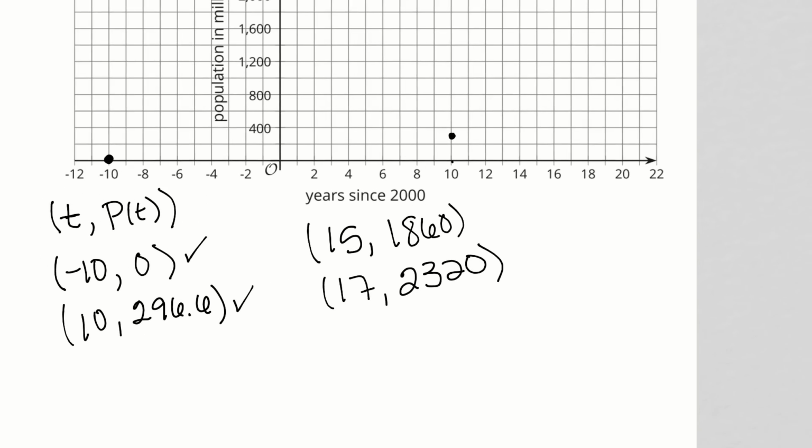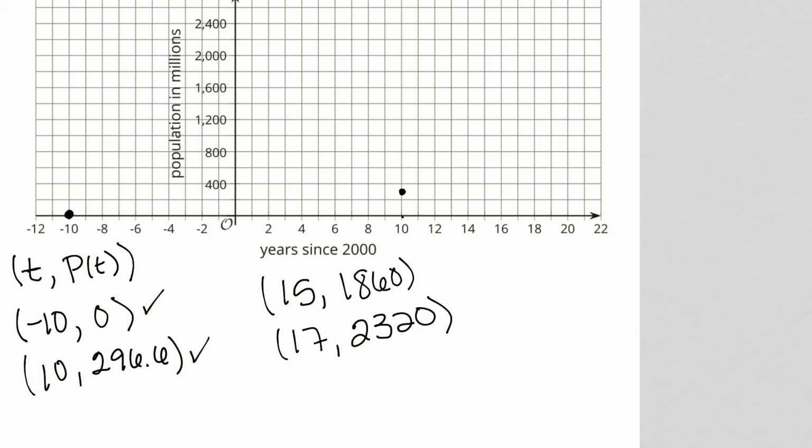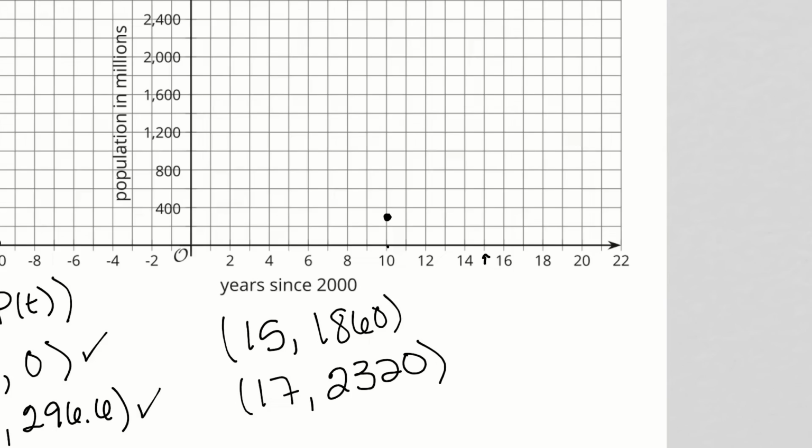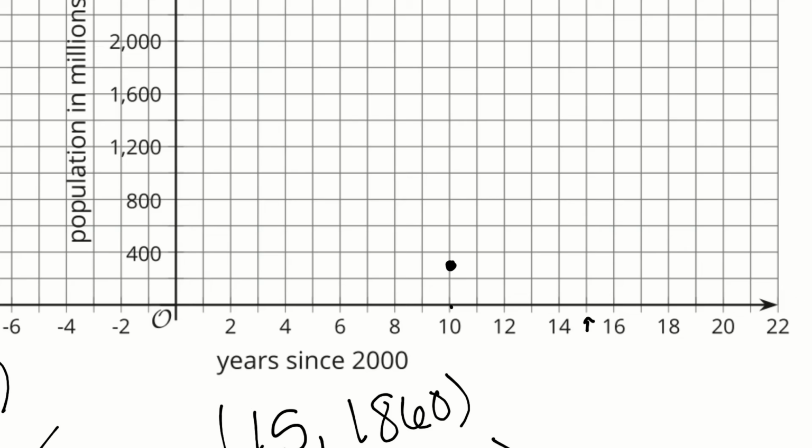Now we're going to go to 15 on the x-axis, and then we're going to go up to 1,860. So 15, go up. We're going to be real close to 1,900 on this one. So it's going to be about the halfway point between this line right here, which is 1,800, and 2,000.